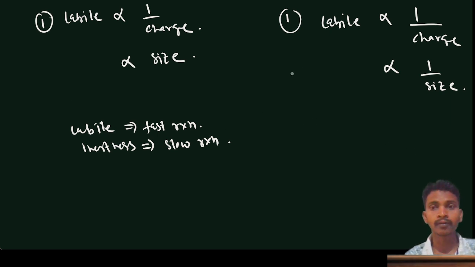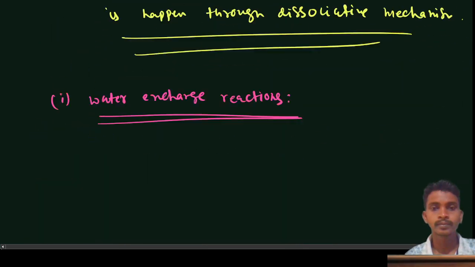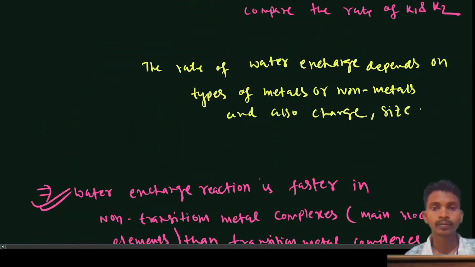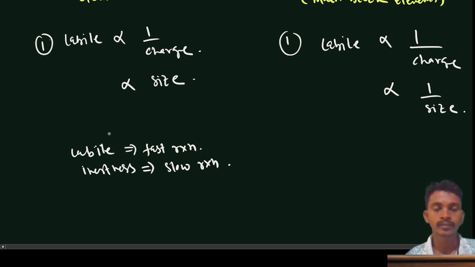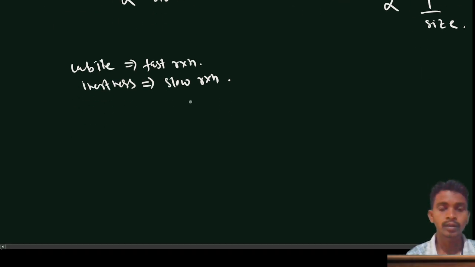So what we see here is that experimentally it is found that these elements have these rates, and these elements have these rates. Let me classify it.